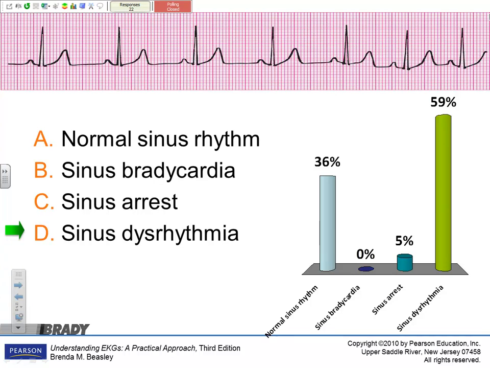Yeah, here. Just because it dips down like that doesn't make it dysrhythmic. But if you look at the R to R, it's shorter here than it is the rest of the way. If you just glance at it as a whole, you can see that this interval is shorter than here and here.